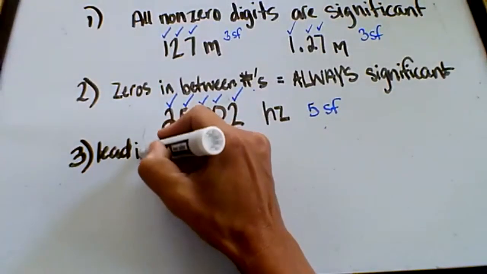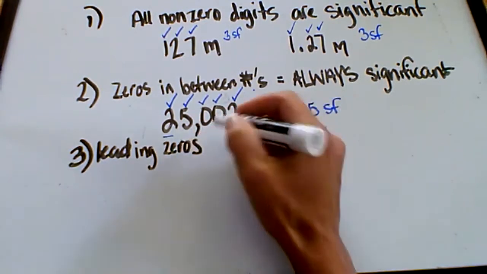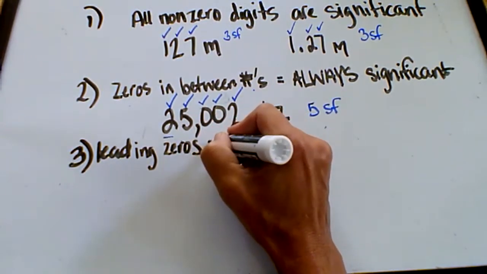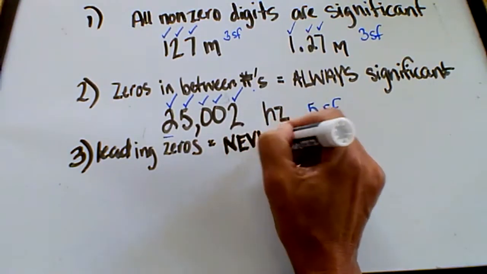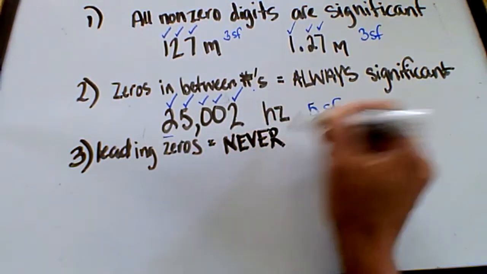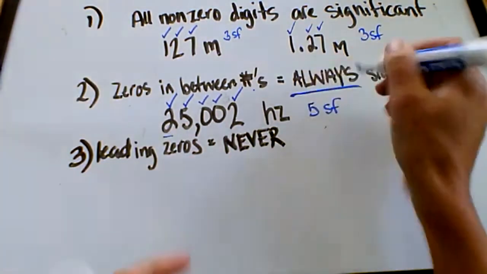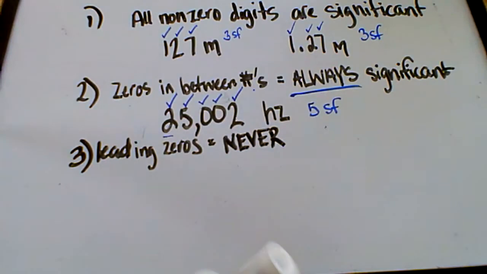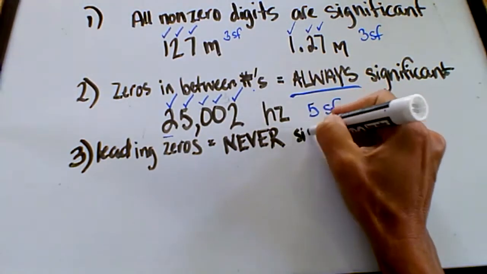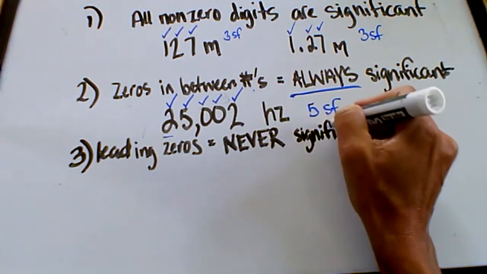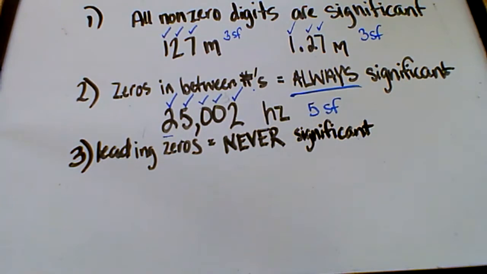Those are zeros that come in the beginning, right? Leading zeros. Well, they are never. So what we just learned was that if they're in the middle, they are always significant, right? But if the zeros are in the beginning, then they are never significant. So we have an always situation and we have a never situation.